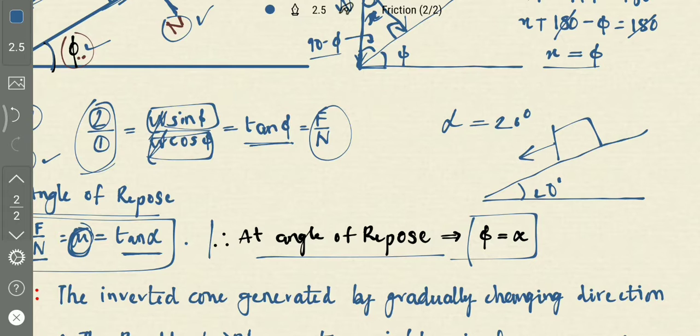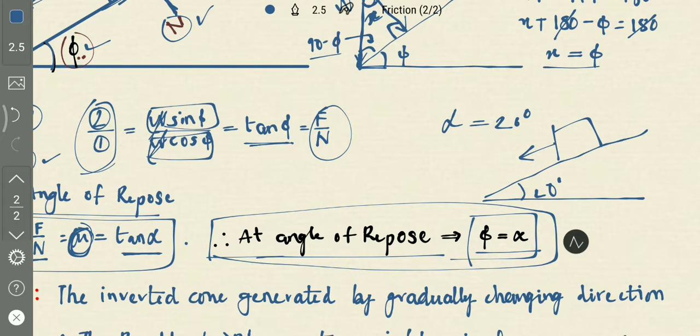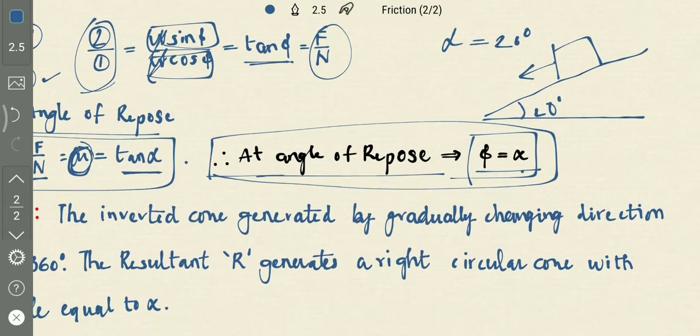This is what it is representing. So at angle of repose, phi is equal to alpha, which means angle of repose is equal to angle of friction.